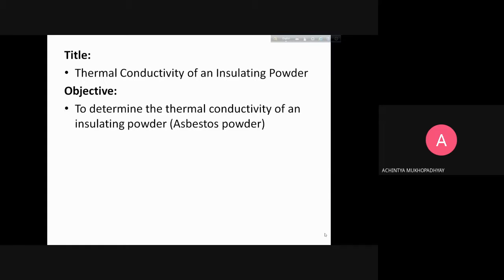And the objective is to determine the thermal conductivity of an insulating powder. In this case, we are using asbestos powder. So if some unknown powder is given with this setup, you should be able to find out its thermal conductivity.